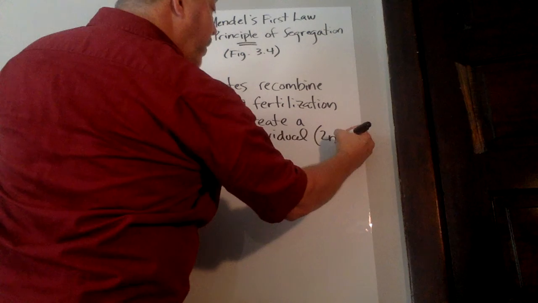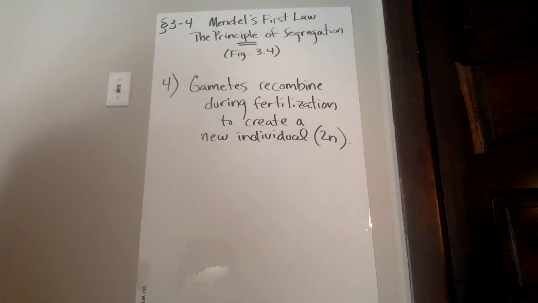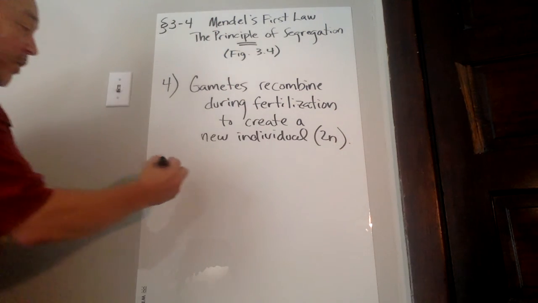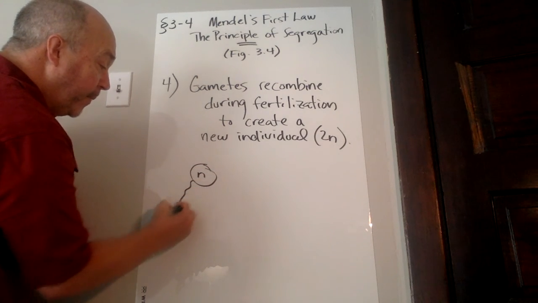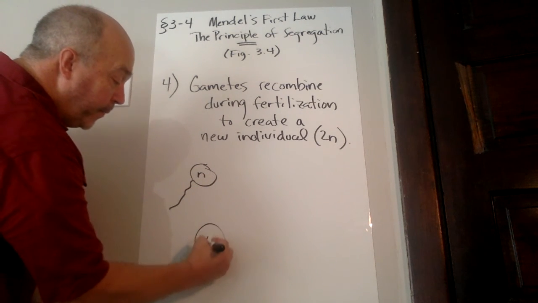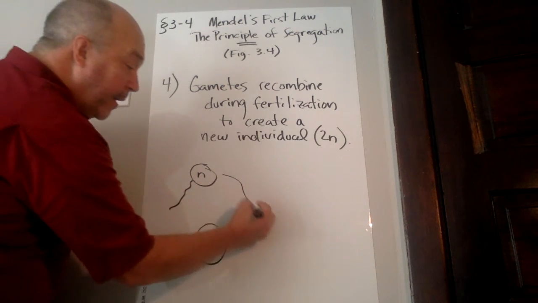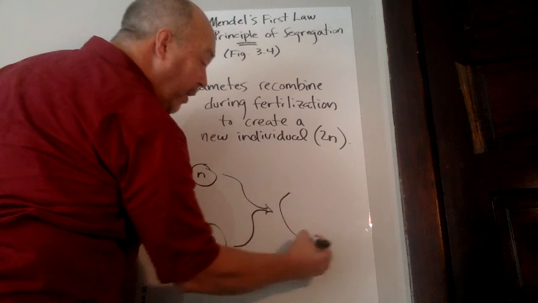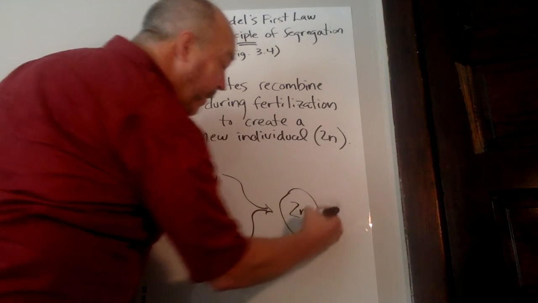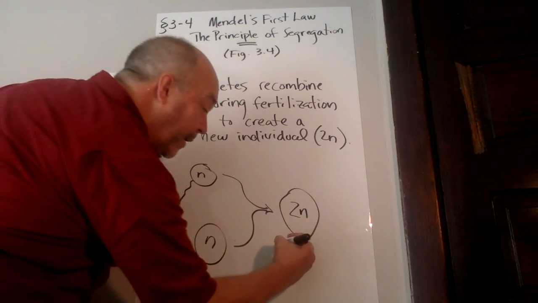And that individual is back to being diploid, back where we started. So we have a sperm cell, which has one copy. We have an egg, which has one copy. They will reunite through fertilization, and now we have a diploid cell again.